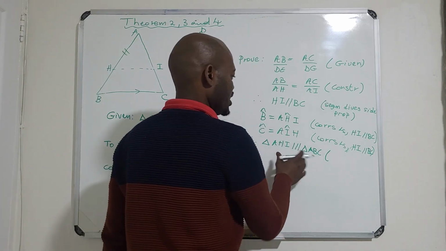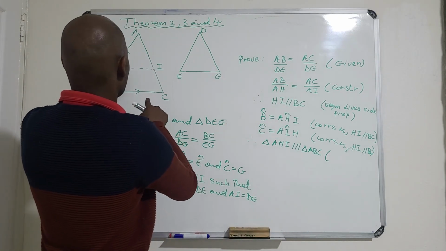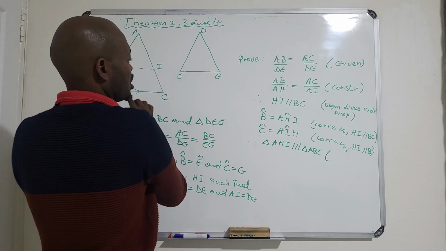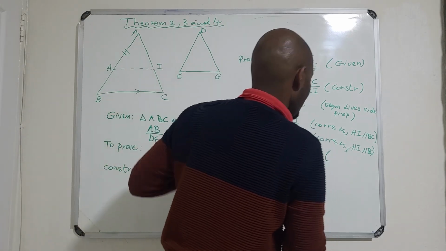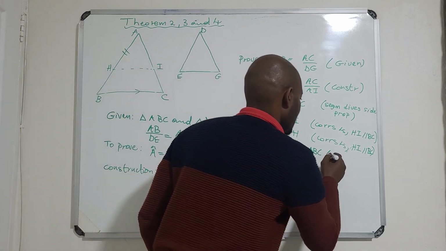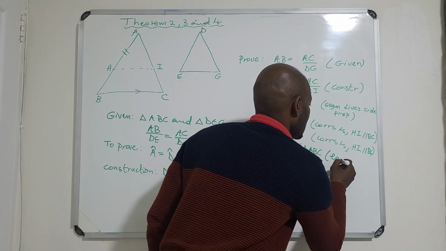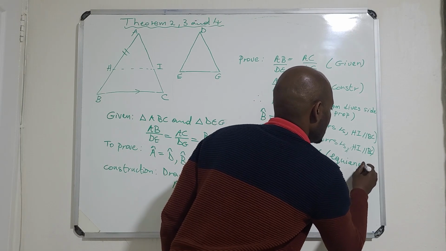Reason why we're saying these two are similar? Because when two interior angles are equal to two interior angles of another triangle, then we've got equiangular triangles. Therefore, reason: equiangular triangles.